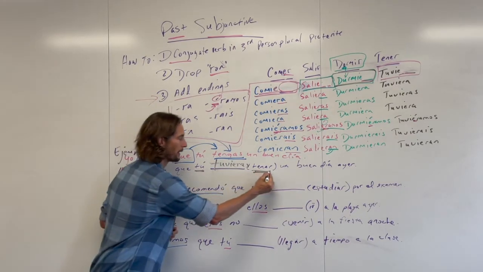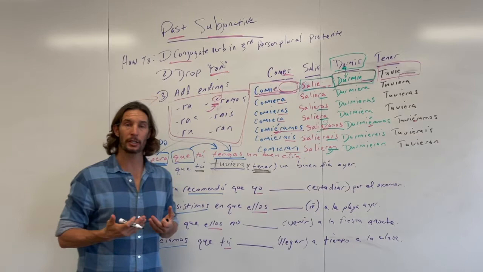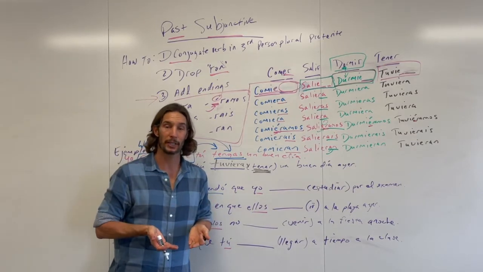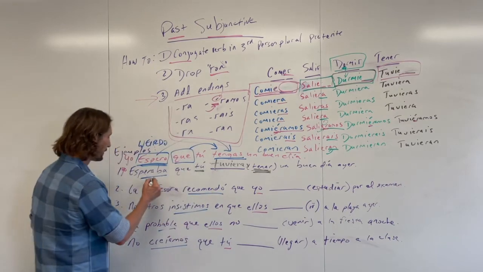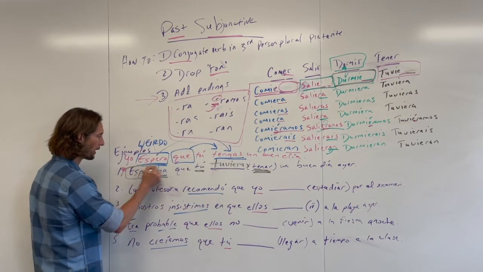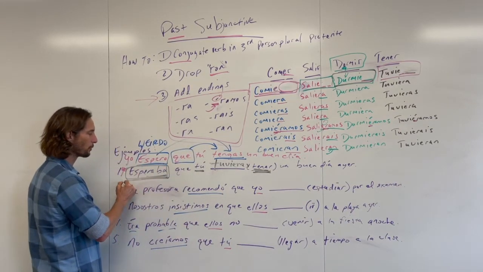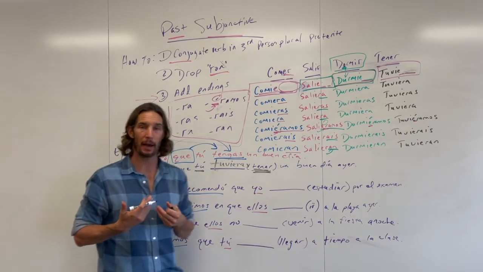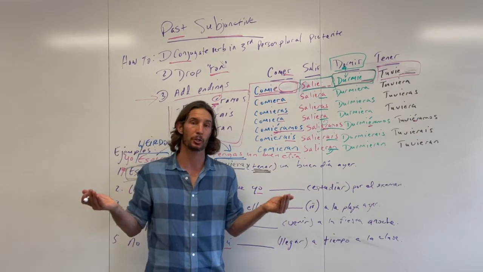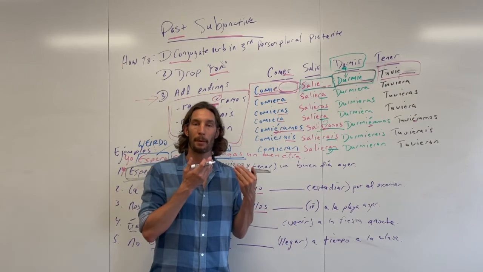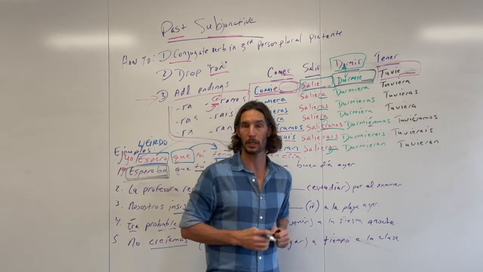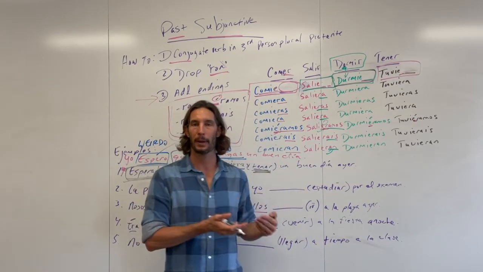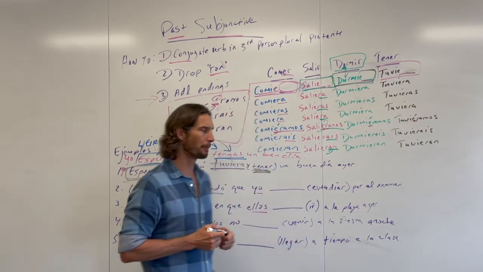So again, this is the verb in question. We want it in the past subjunctive, right? We already know how to do it, but why did we do it, right? This is a past tense weirdo, and because of that, we've got to use a subjunctive of some sort, but we're going to use the past subjunctive. Because remember, present tense weirdo, present tense subjunctive. Past tense weirdo, past tense subjunctive. So keep that in mind, right?